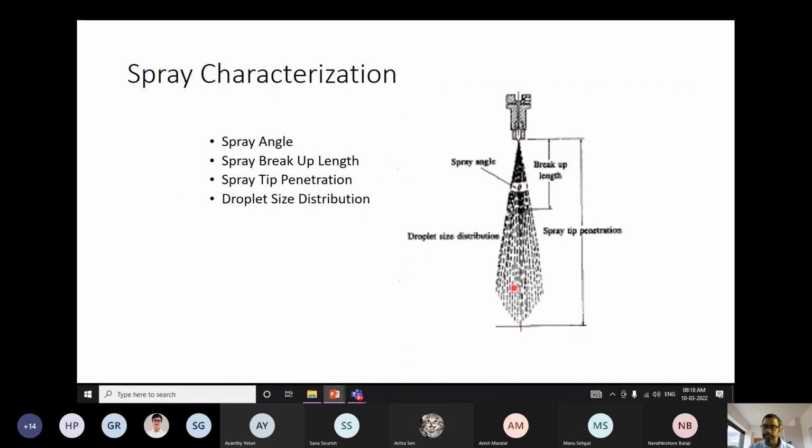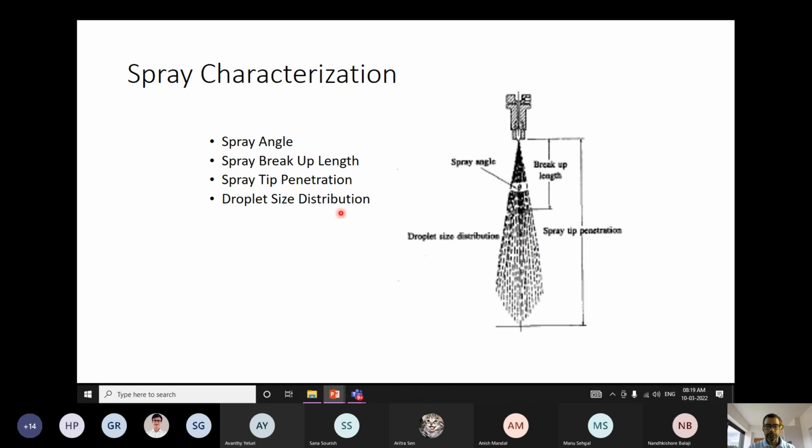As I told you, there should be neither under-penetration nor over-penetration. Both have demerits. So the fuel must travel an optimum distance so that the fuel distribution takes place more or less uniformly in the combustion chamber.